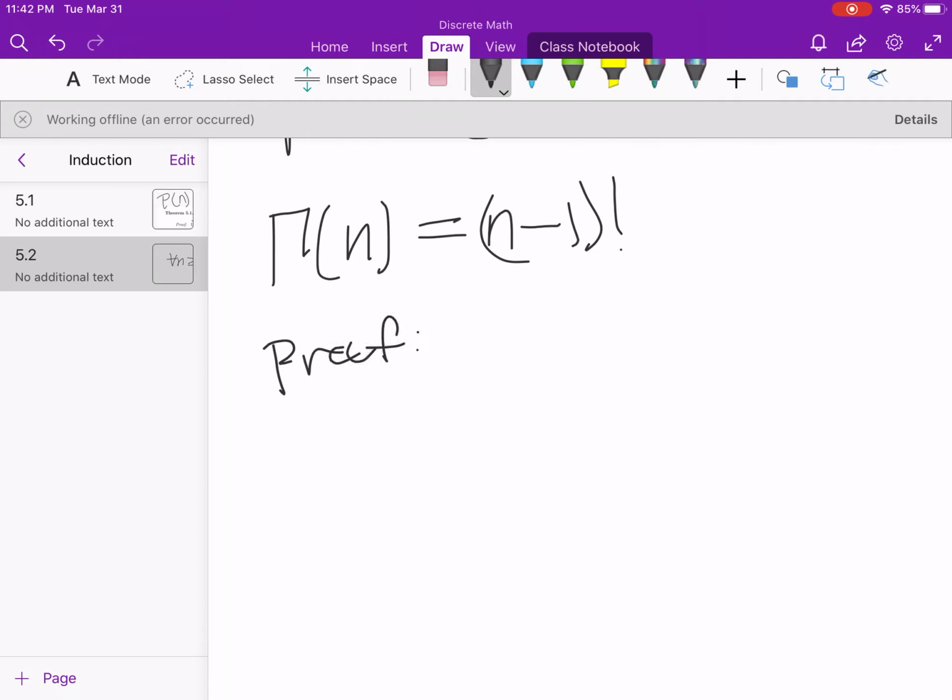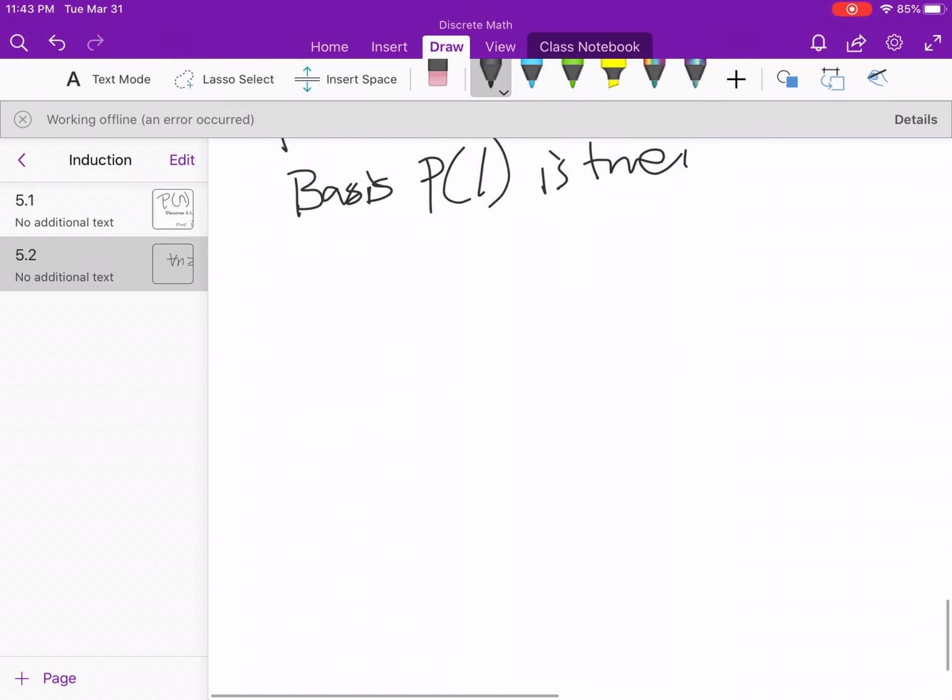The proof is by induction. So I start out with my basis. For all positive integers, the basis is going to be that P of 1 is true. How do I show that? Well, I want to start with the left-hand side.